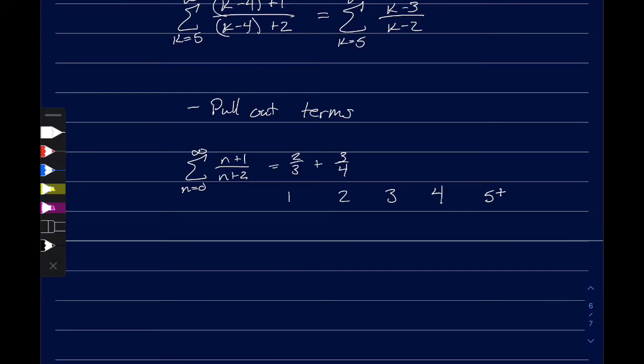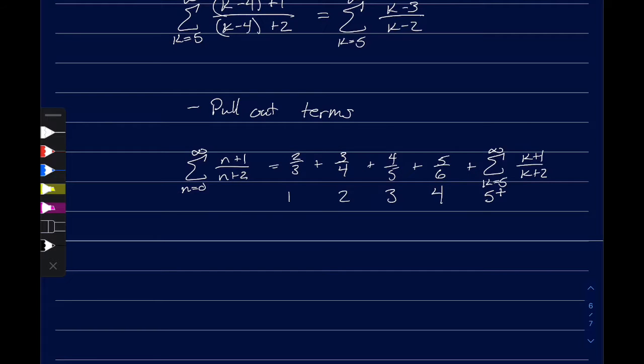So this is going to be 2 over 3 plus 3 over 4 plus 4 over 5 plus 5 over 6 plus the sum as k ranges from 5 to infinity of (k plus 1) over (k plus 2).